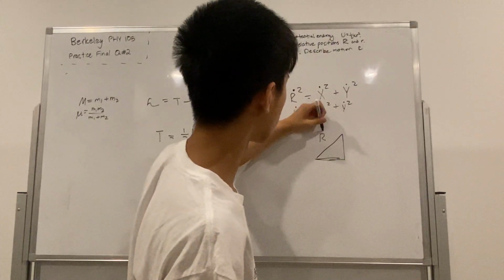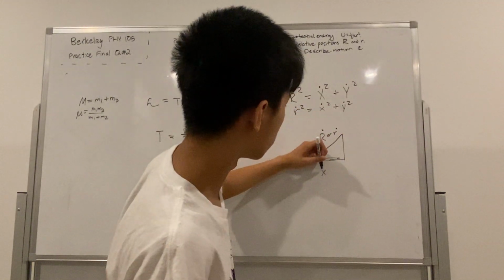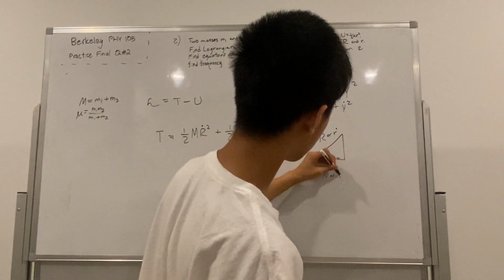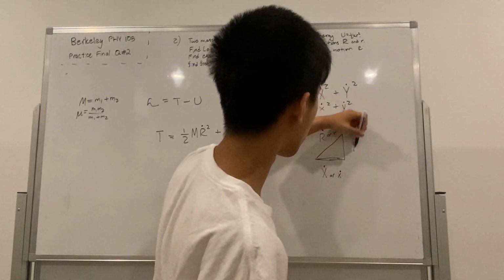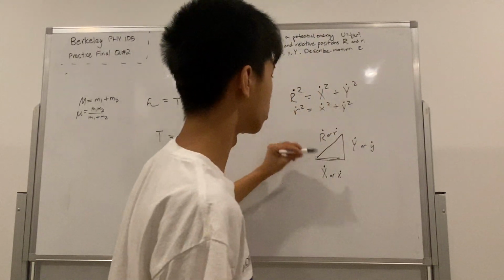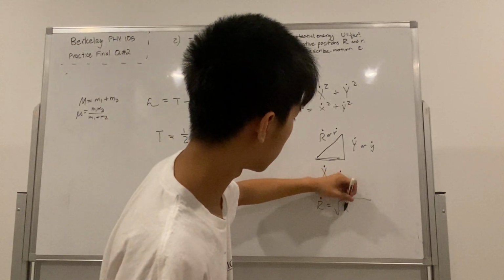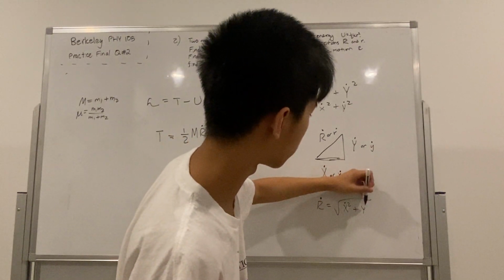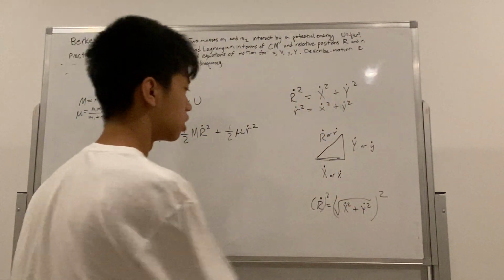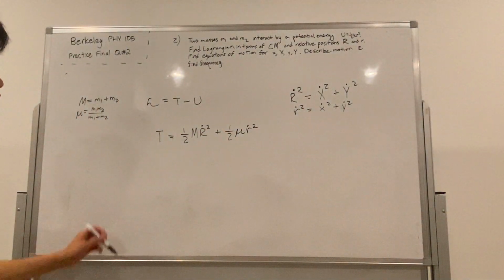If this is your R prime or little r prime, then this would be your big X prime or little x prime, and this would be your big Y prime or little y prime. The Pythagorean theorem states that r prime is equal to the square root of x prime squared plus y prime squared. So we can use this substitution later.